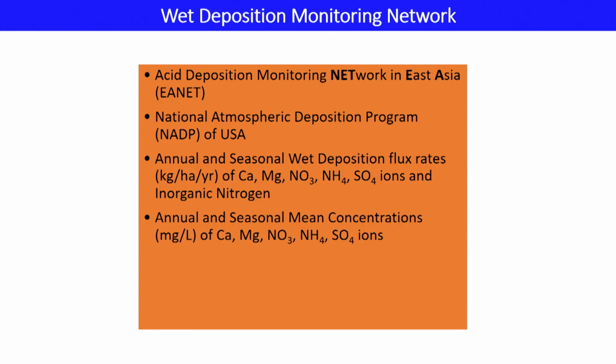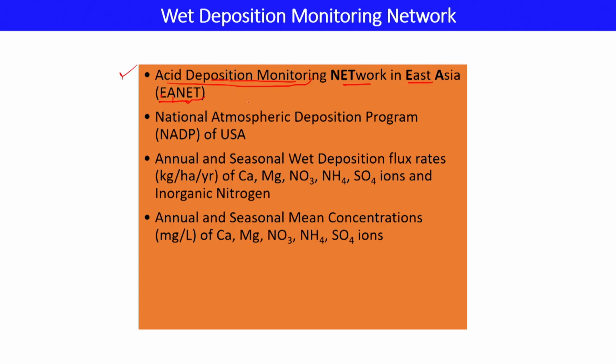And important is that because of their importance, in Asia we have the Acid Deposition Monitoring Network, in East Asia called EANet, the East Asia Network of Acid Deposition Monitoring.